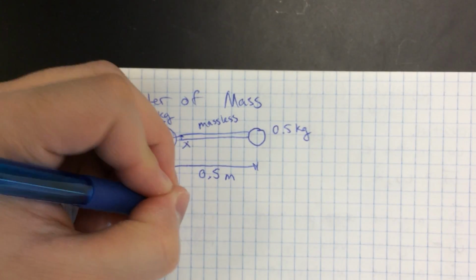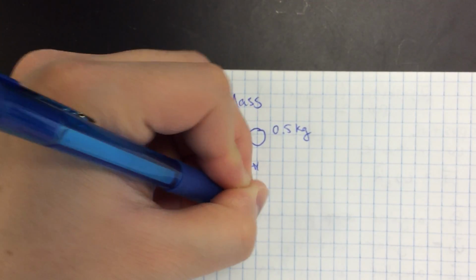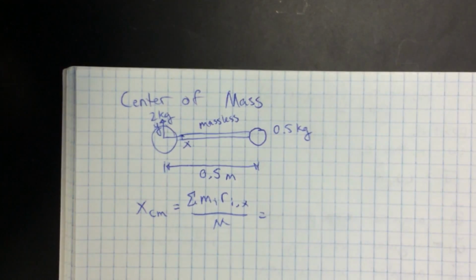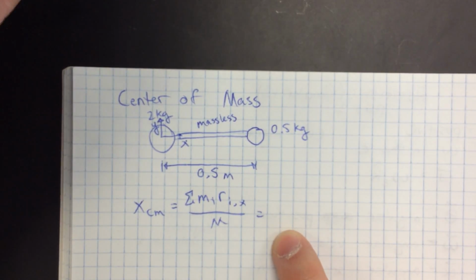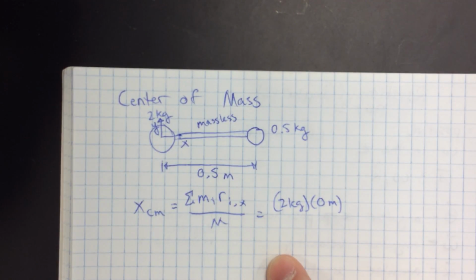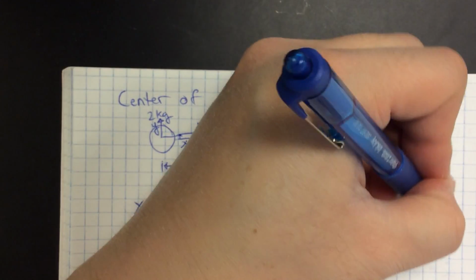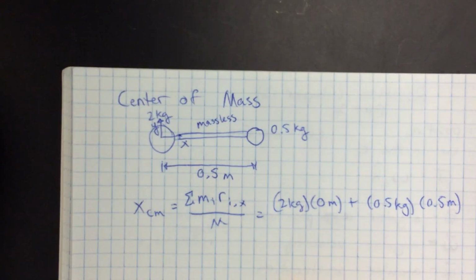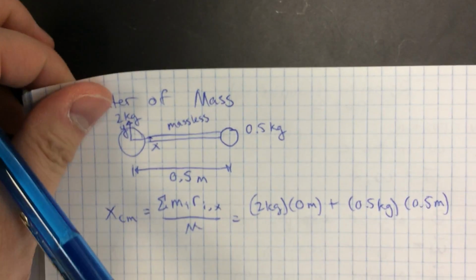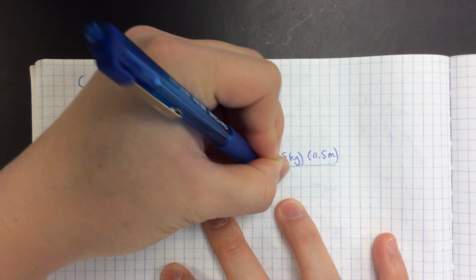the center of mass in this x direction is going to be, I'll write this out again, the sum of m_i r_i x divided by total. Okay, so let's look at our pieces. We have 2 kilograms at 0 meters plus half a kilogram at 0.5 meters, all divided by 2.5 kilograms.